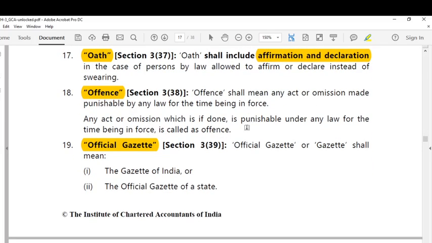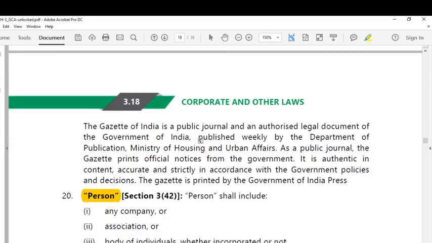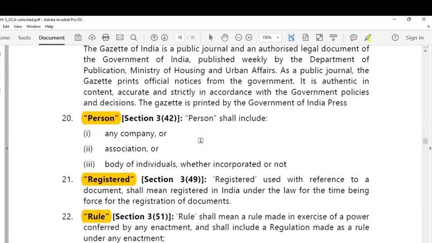Offense shall mean any act or omission made punishable by any law for the time being in force. Official Gazette means the Gazette of India or the Official Gazette of a State. Both of them together are called the Gazette.